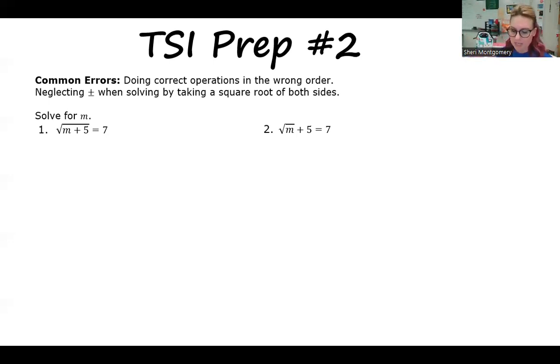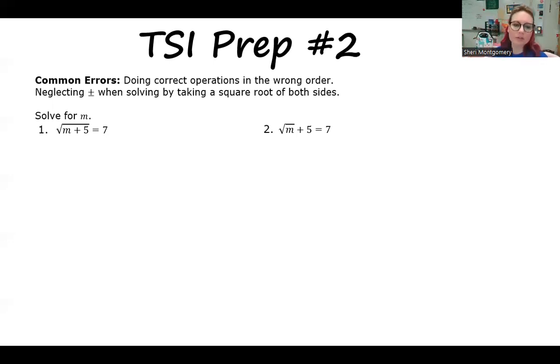Does anybody remember what the inverse is? Add and subtract are inverses, multiply and divide are inverses, square and square root are inverses. Does anybody remember what the inverse of square rooting something is? Squaring, yes.